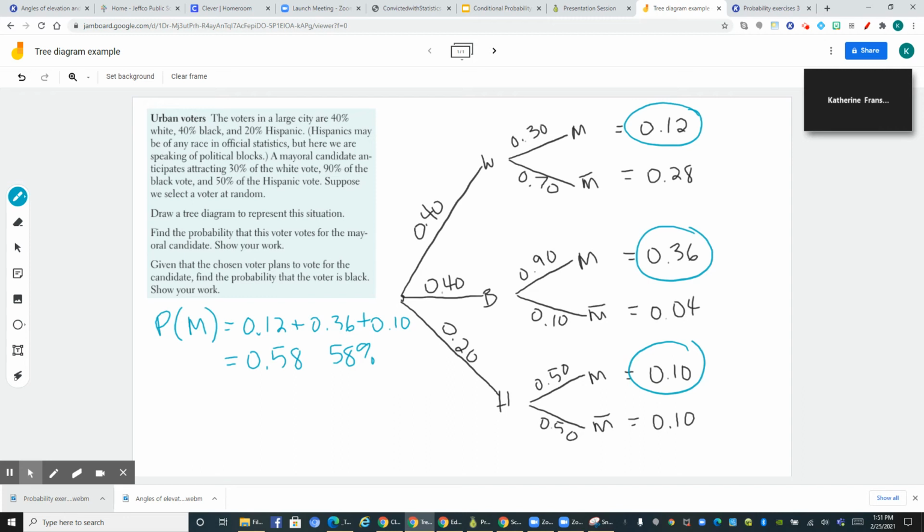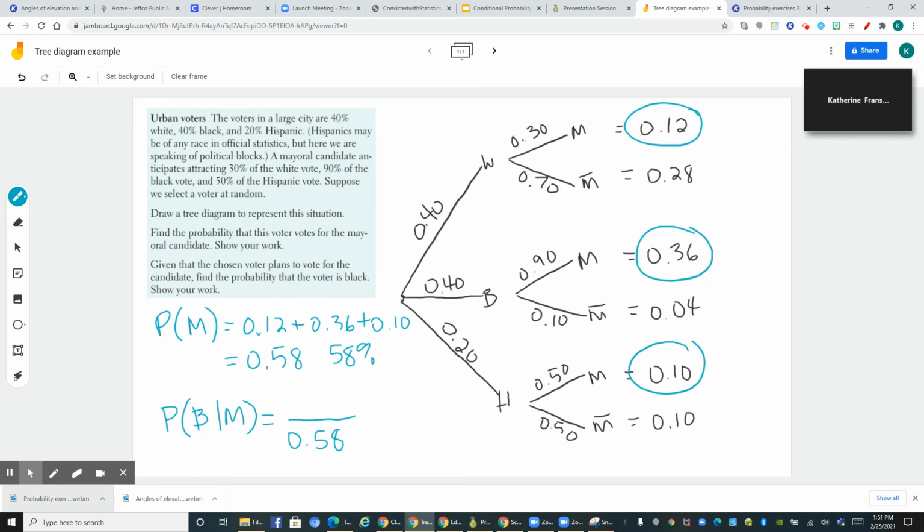Given that the chosen voter plans to vote for the candidate, find the probability that the voter is black. All right, so given that it is a vote for the mayor, what's the probability that the voter is black? All right, so we have 0.58 voting for the mayor. We just found that out.